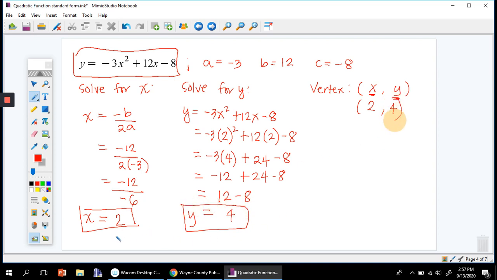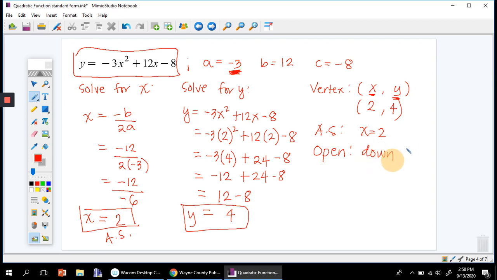Now remember, x here is also the axis of symmetry. So the axis of symmetry is x is equal to 2. And this is your minimum or maximum. Now let us identify first the opening so we can identify whether it's maximum or minimum. So this is negative. It means that it will open downward.